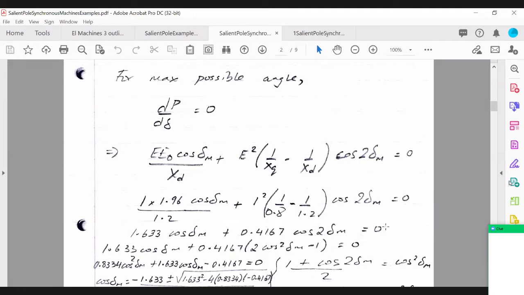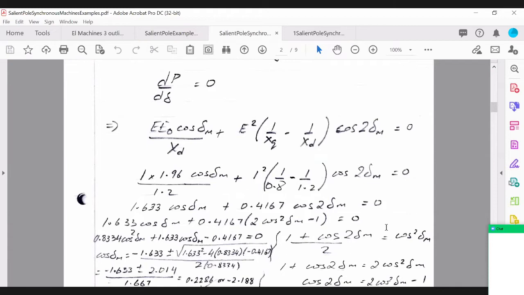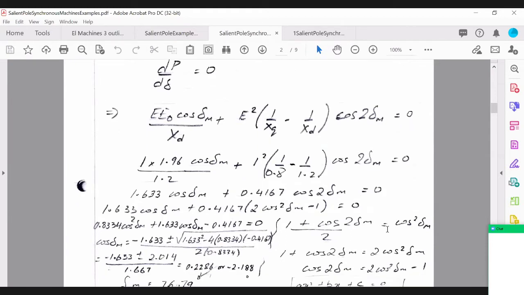And I've used a trigonometric identity, which is cos squared delta is equal to (1 plus cos 2 delta m) over 2. So you make cos 2 delta m the subject of the formula, and you end up with 2 cos squared delta m minus 1, and I've replaced that there.